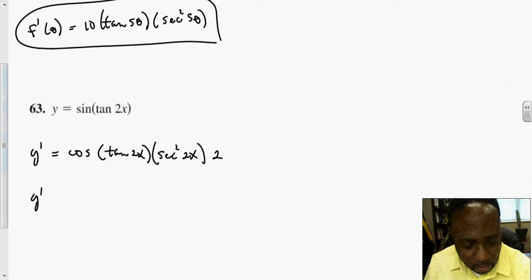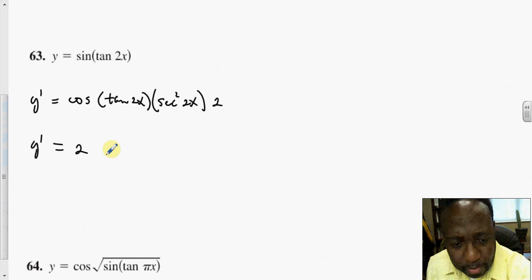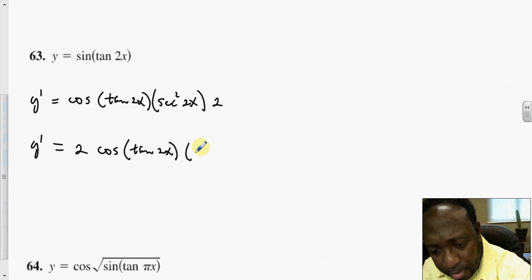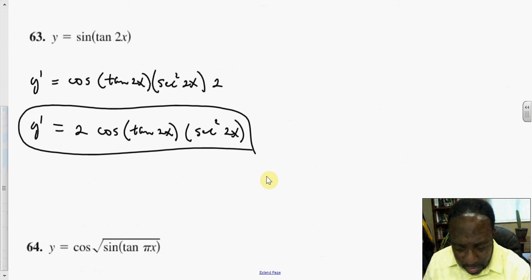So you can write y prime here as 2 times this cosine of tangent 2x and then times secant squared 2x. Then the last one.